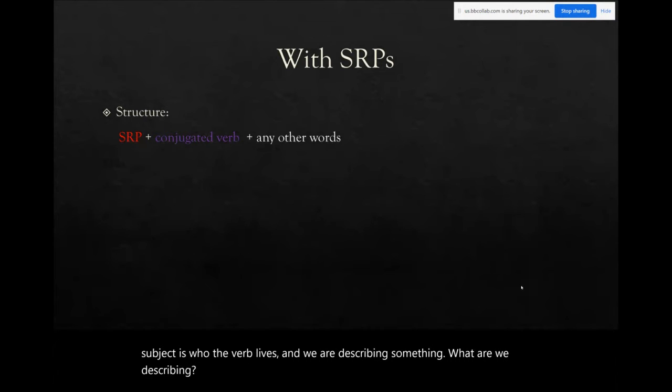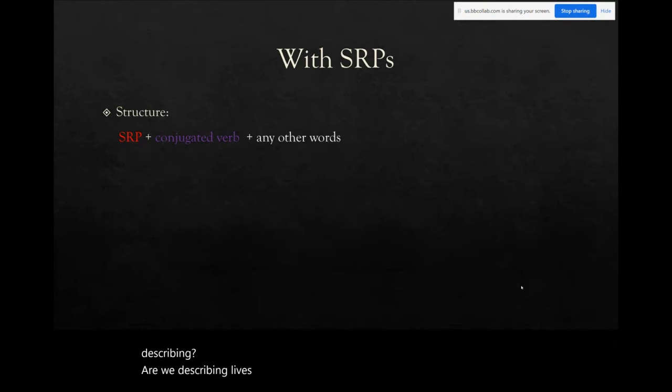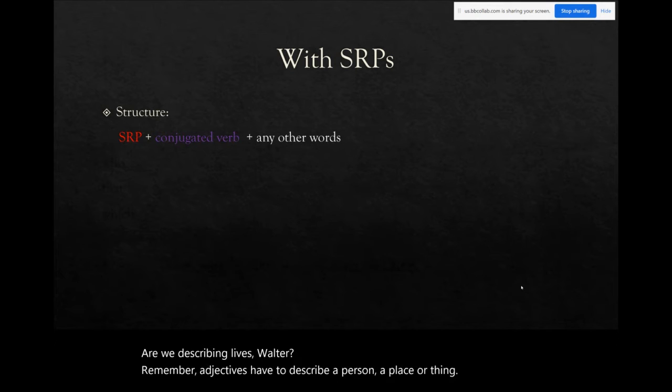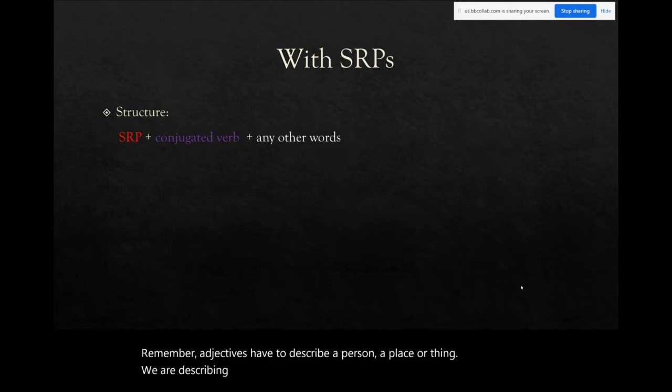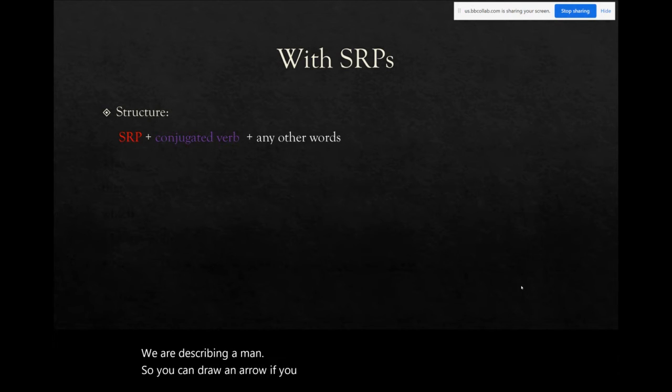A man. Are we describing lives, Walter? Remember, adjectives have to describe a person, a place, or a thing. We are describing a man. Yeah. So you can draw an arrow if you want from the adjective clause over to man.